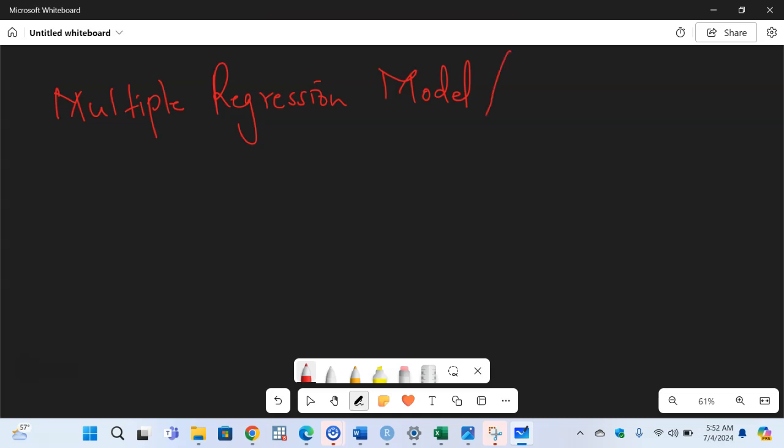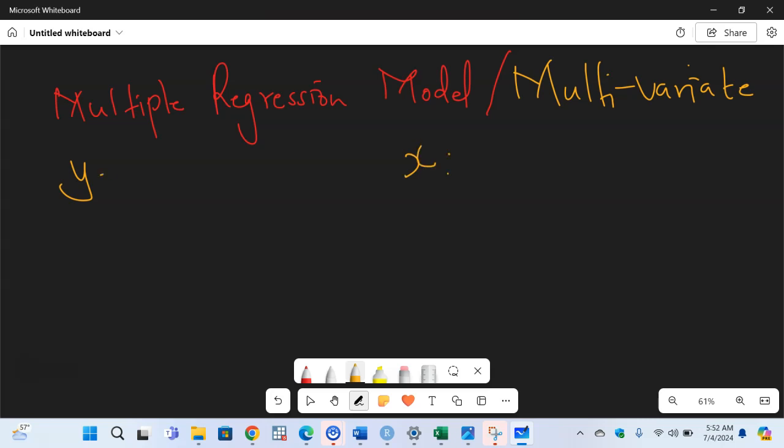You can still call it multivariate, to mean multiple variables. So we have our y, and then we have our x's.